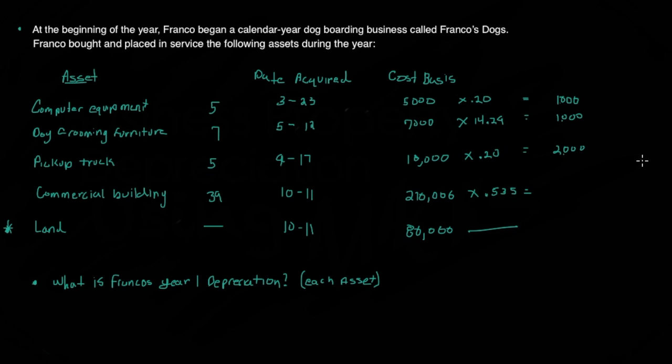And for the commercial building, you will get $1,445. For a total of $5,445.